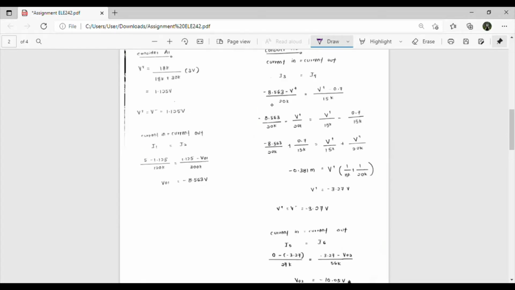For me it is easier if we break the equation: we gather the terms with V plus on one side, and the ones with only values to the left. After we calculate it, we get V plus equal to negative 3.27. It means that V plus equals V minus equals negative 3.27 volts.